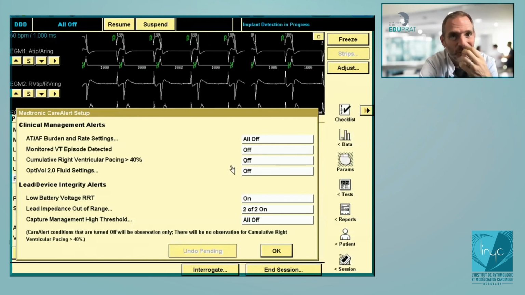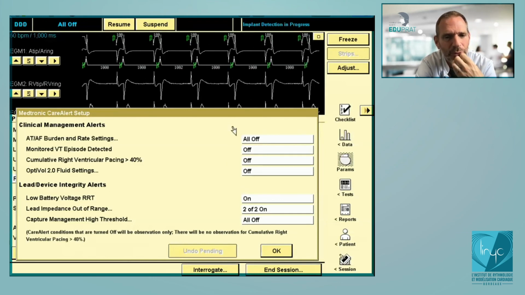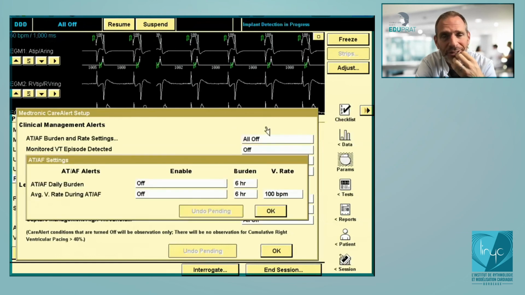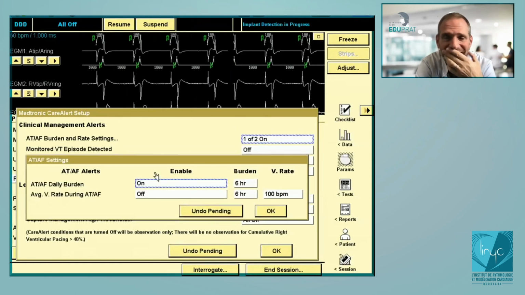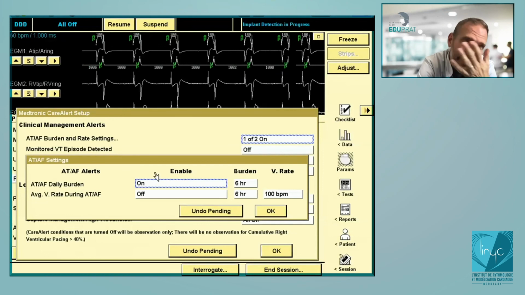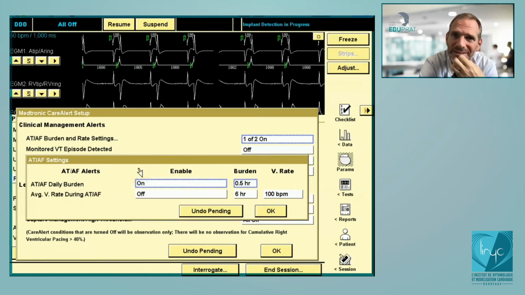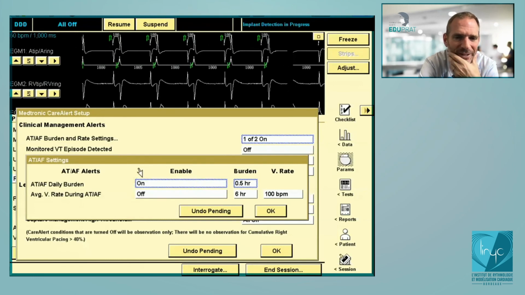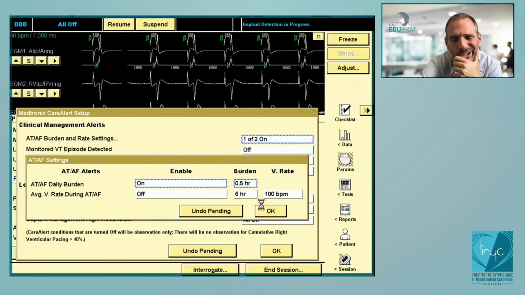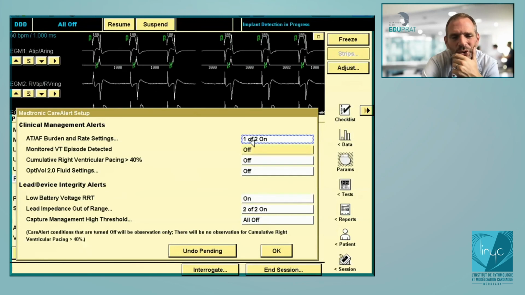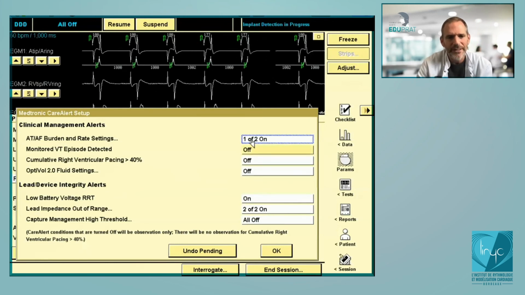So this one, I will systematically program it on. If I follow the patient with remote monitoring, then I will program the alert. Of course, you need to adapt patient by patient, but I think I will program systematically the atrial fibrillation alert.